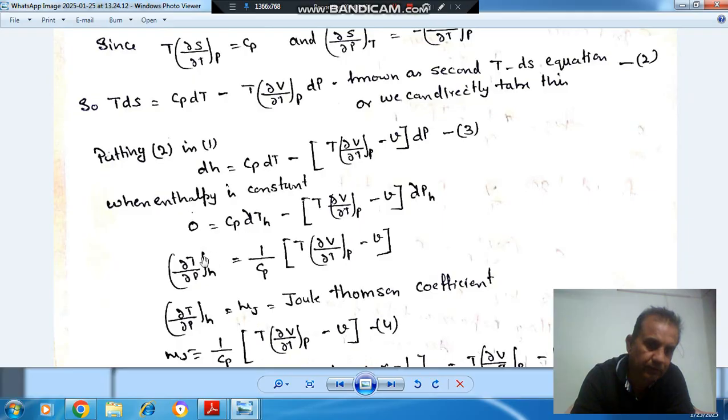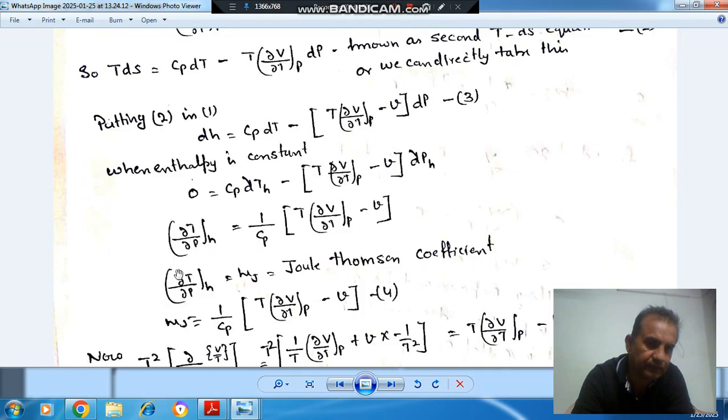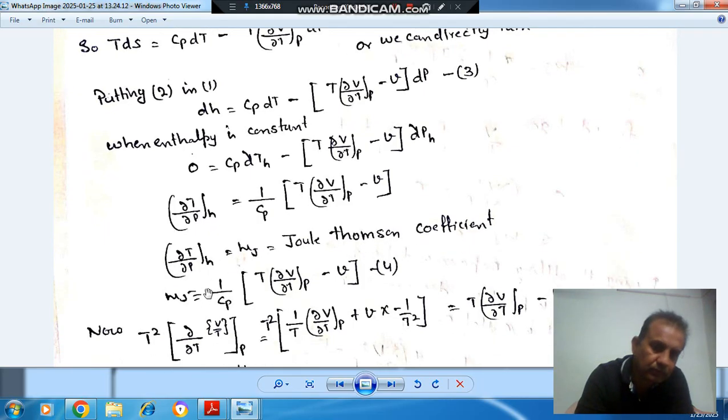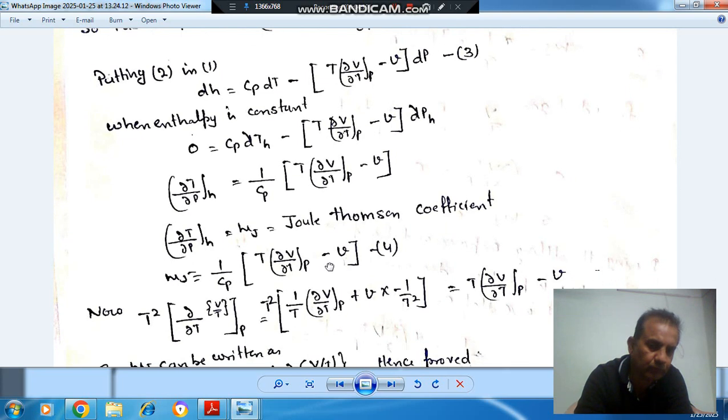So (∂T/∂P) at constant H is equal to 1/Cp times [T(∂V/∂T) at constant P minus V], and this is called the Joule-Thomson coefficient. So μJ equals 1/Cp [T(∂V/∂T)P minus V] is our fourth equation.